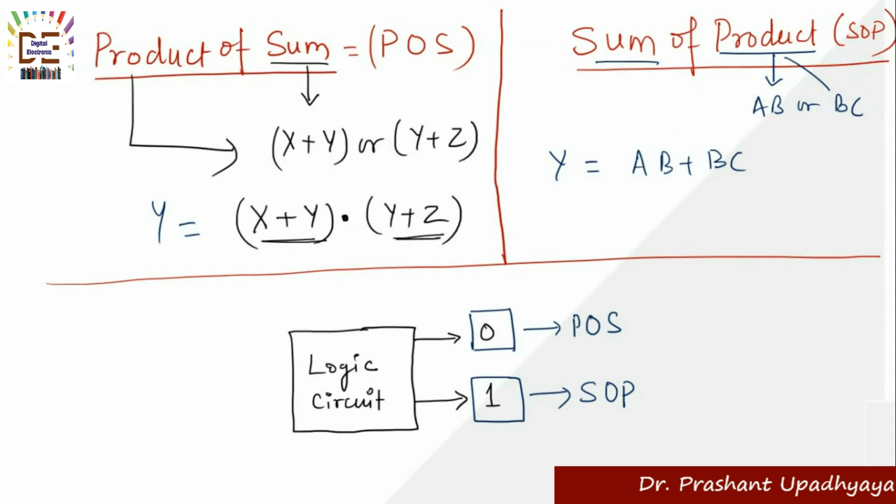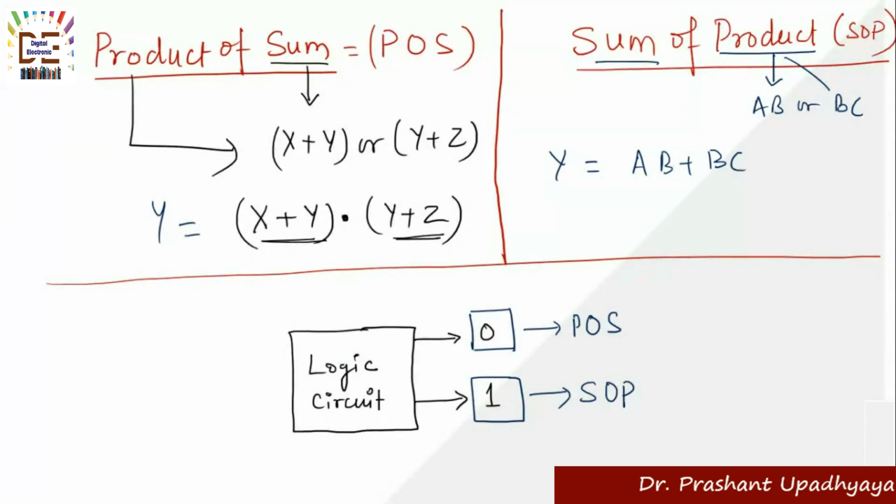Is it clear? Whenever an expression is given to you, you can easily identify whether it is in the form of a POS or SOP. I have written the expression y equals (x plus y)(y plus z) at the top, and on the left side y equals AB plus BC.